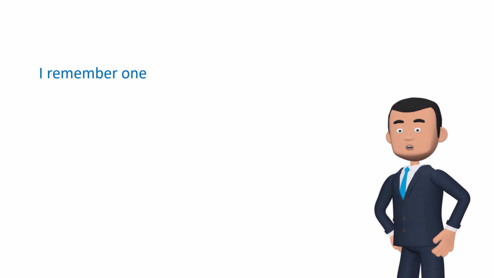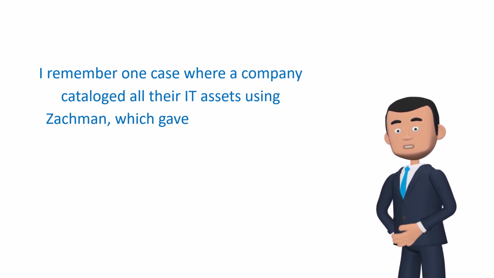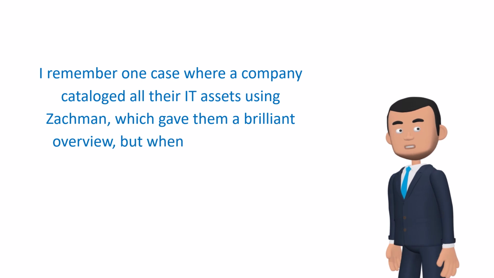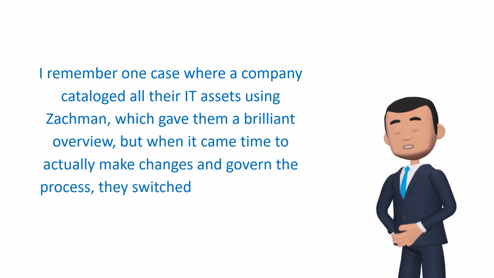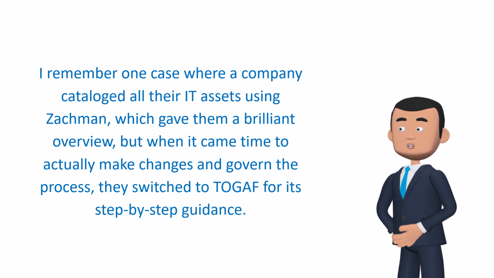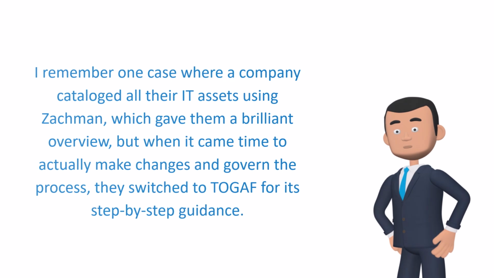I remember one case where a company cataloged all their IT assets using Zachman, which gave them a brilliant overview, but when it came time to actually make changes and govern the process, they switched to TOGAF for its step-by-step guidance.